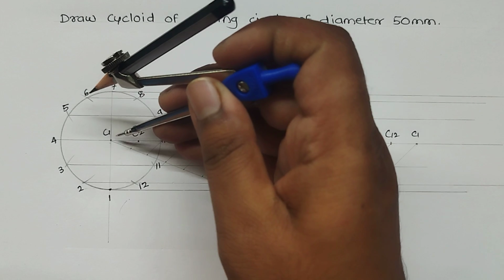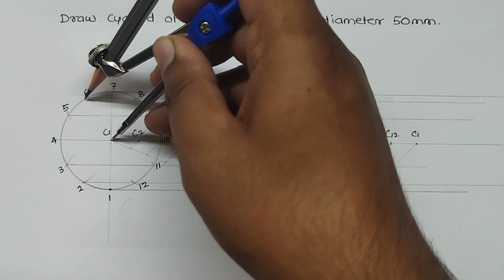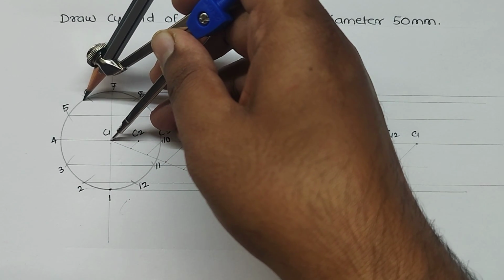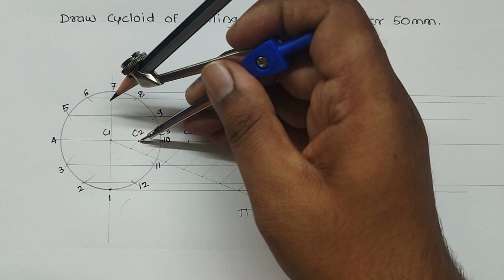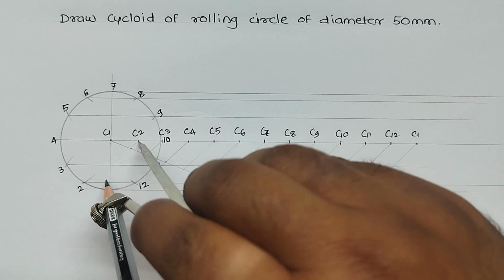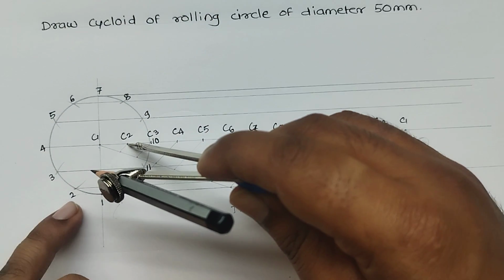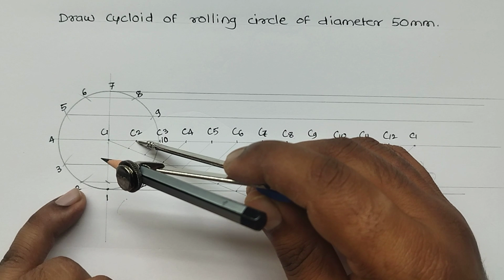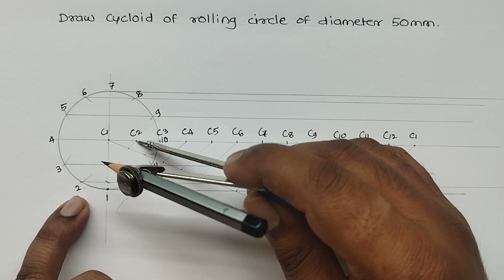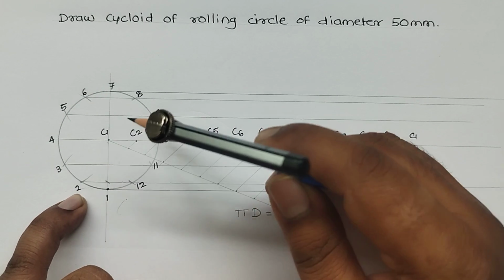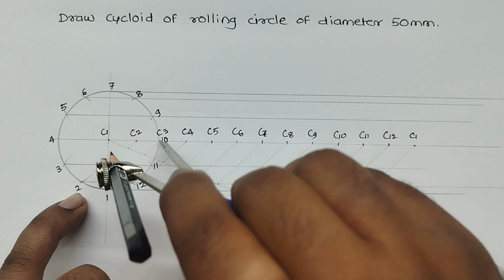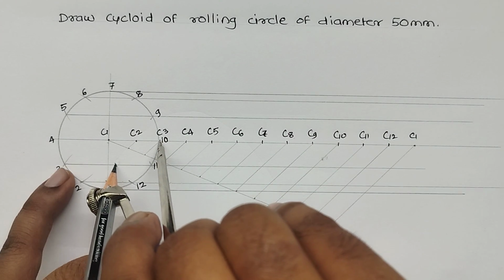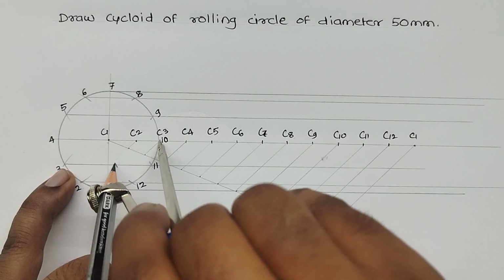Now in compass, take the distance which is equal to radius from point C to mark the line which passes from point 2, right? From point C3, mark the line passing from 3.